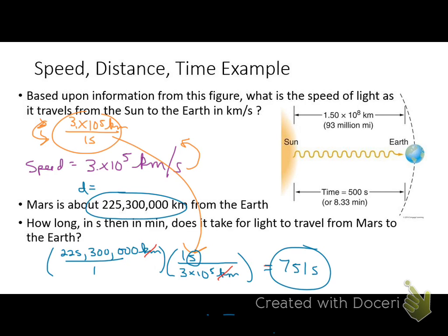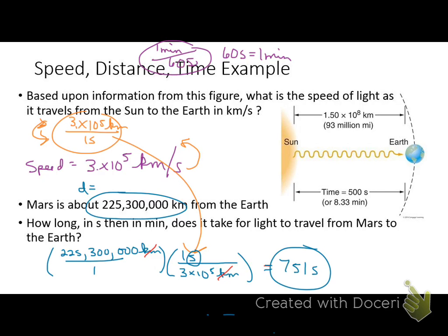So actually, I'm kind of running out of room. I'm going to put it up there at the top. What I would do is, like you were saying, 60 seconds equals 1 minute. In other words, there's 1 minute per 60 seconds. I don't know if you guys can see that. 1 minute per 60 seconds.